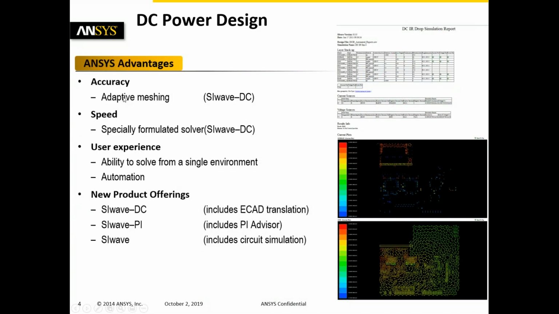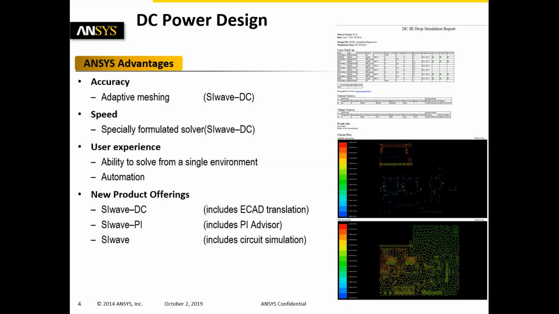As we were discussing, some of the ANSYS advantages in terms of accuracy include adaptive meshing, which is what I was just talking about. In terms of speed, there is an especially formulated solver for SI Wave DC. SI Wave DC really is a 2.5D solver, meaning that it takes approximation in between the layers.